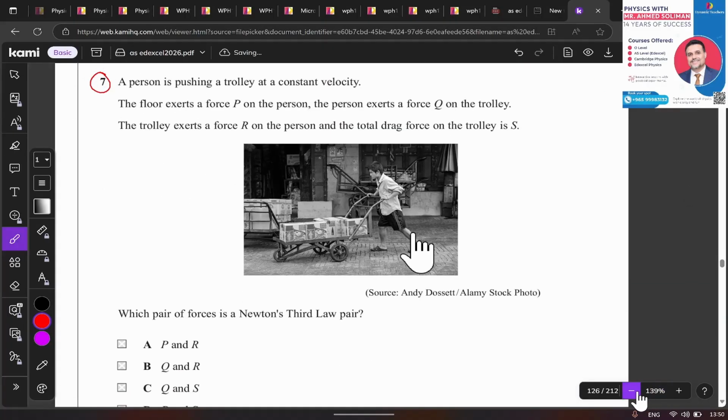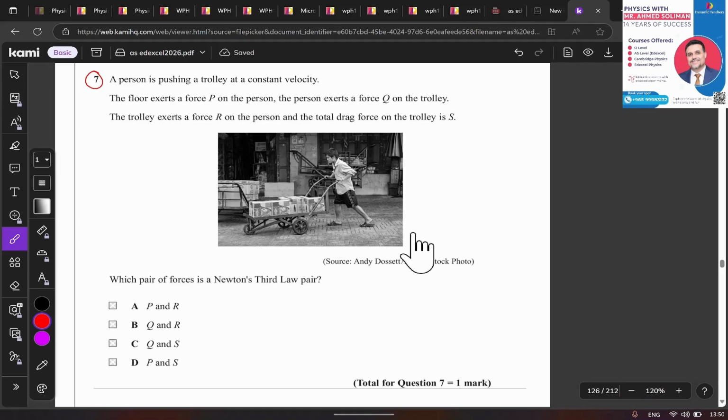Now it's your turn. Question 7. I think it's Q and S, so C. What about you, Mirola?